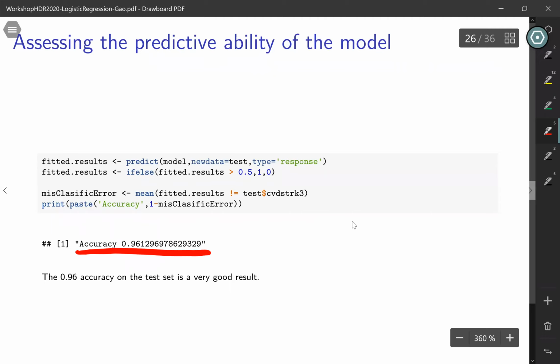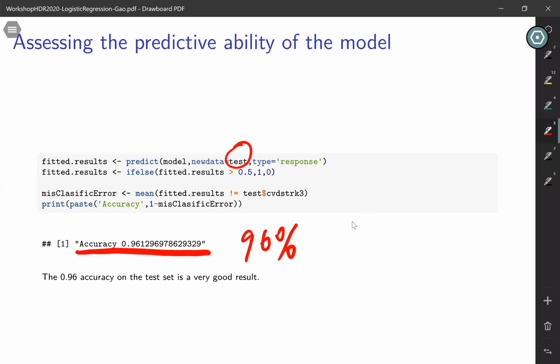It turns out the accuracy is around 96%. This is good enough, right? Take the largest testing kit for COVID-19, where the false positive rate is probably up to 5% or 10%. So if you have accuracy of 96%, I think this is good enough.